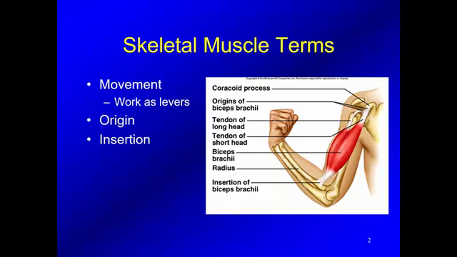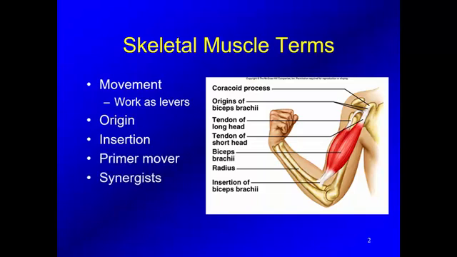So the insertion is the radius. That's the bone that actually is moving closer to the body. Ironically, the biceps muscle lies over top of the humerus, and it doesn't move the humerus, and it's actually not really attached to the humerus. So it's kind of weird when you think about it.